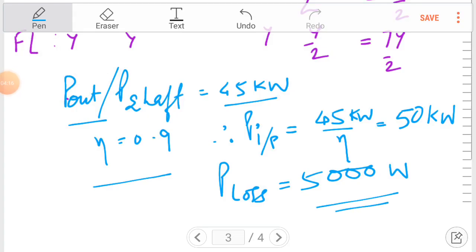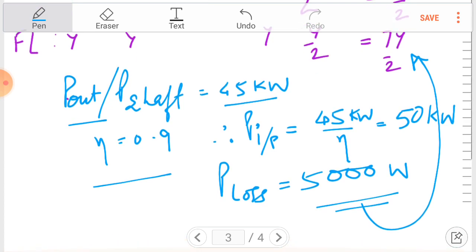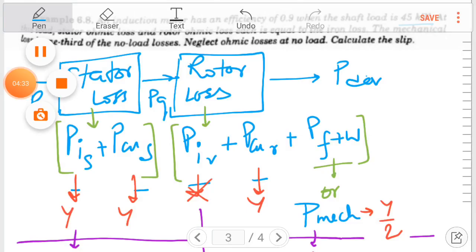This 5000 watt is equal to 7y by 2, the total loss in full load condition. So from here we can find y equal to 1428.57 watt.